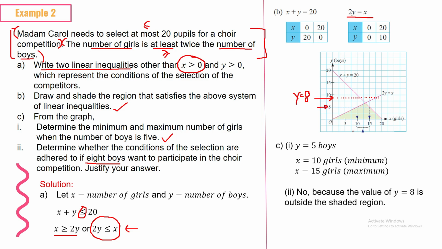So we can say no, because the value y equal to 8 is outside the shaded region. So the number of boys who participate in the choir competition cannot be 8. Now done for example 2.